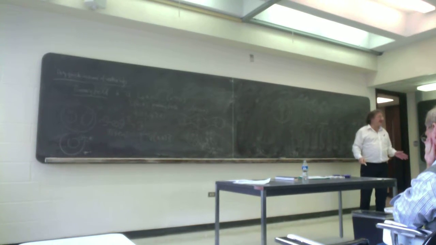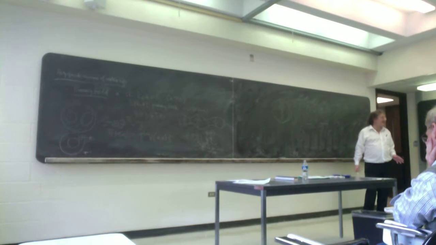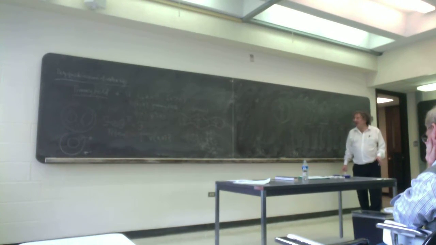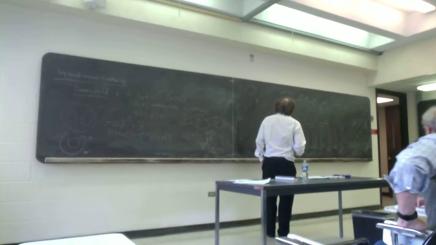It's the Koebe uniformization theorem for triply connected regions. These are circles, so everything can be mapped onto a circular region.